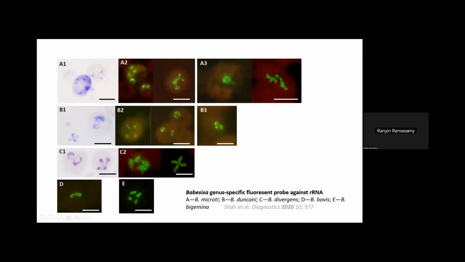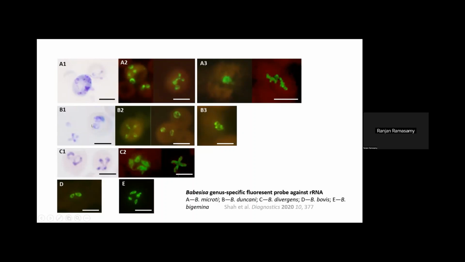Giemsa-stained blood smears of Babesia microti, and this is Babesia microti FISH tests done on parasitized red cells from hamsters carrying Babesia microti. And these are two pictures of human patient red cells reacting with the Babesia genus-specific FISH probe.